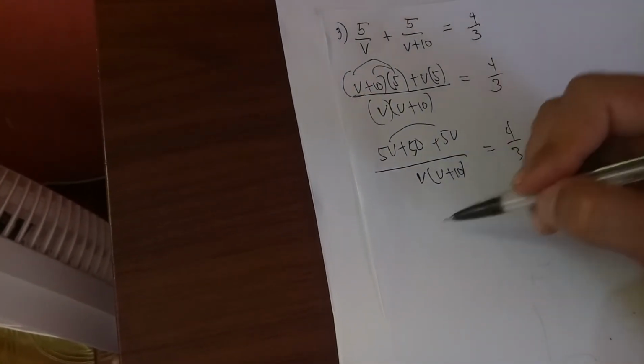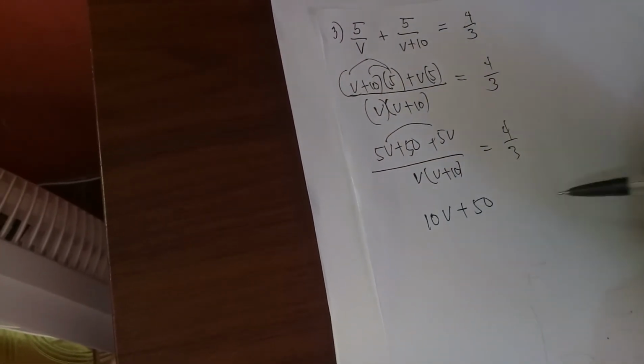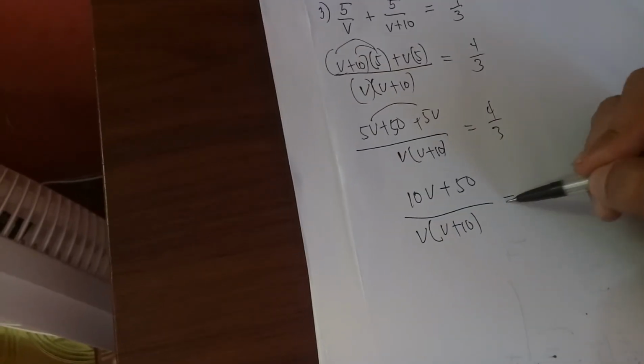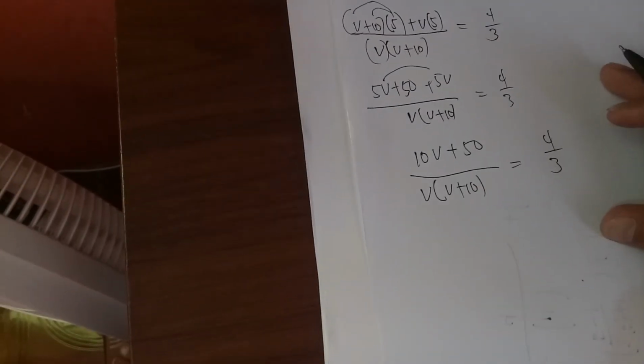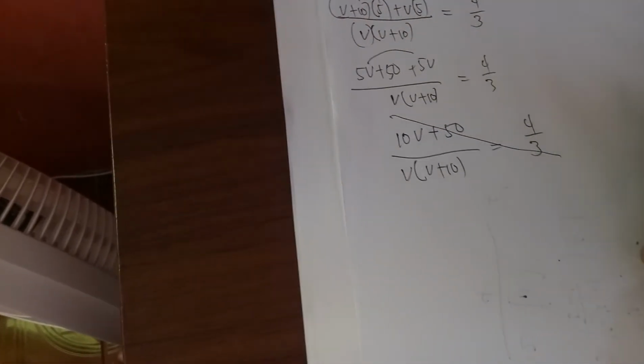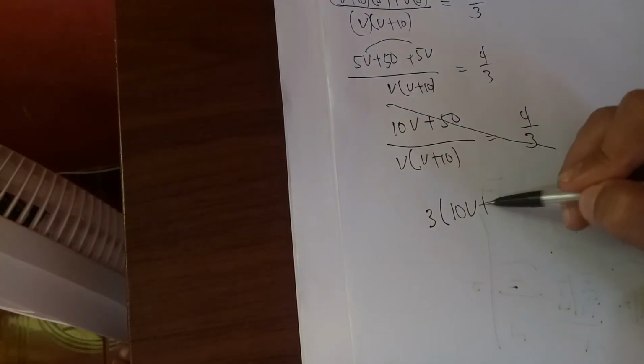Then 5v plus 5v, 10v plus 50 over v plus 10 equals 4/3. Okay, now let us have cross multiplication. That is the product of 3 and 10v plus 50, and then cross multiplication 4 multiplied by the whole v, v plus 10.